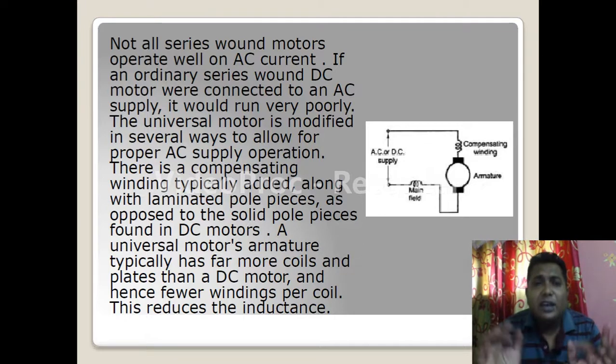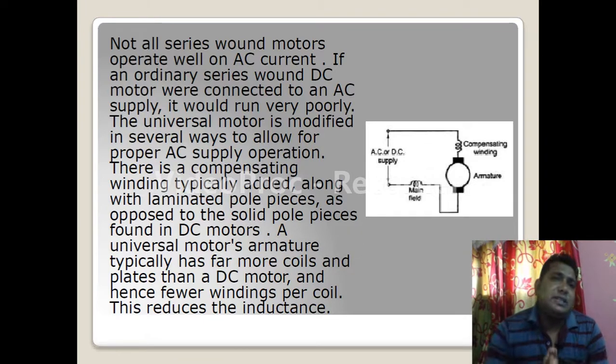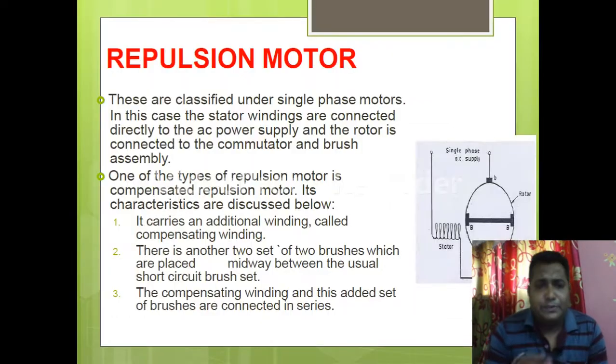If we use thick wire, it has a higher current capacity, and with increasing current capacity, the magnetic field generation capacity will be increased. So this is a very important point: these changes have to be done to this DC series motor if we want to use it as a universal motor.